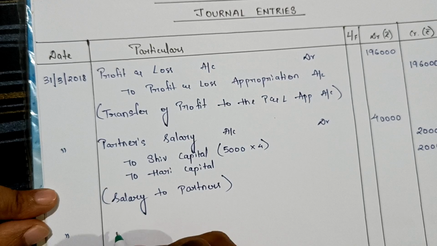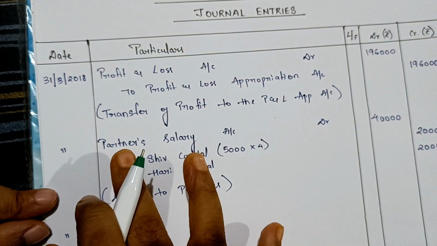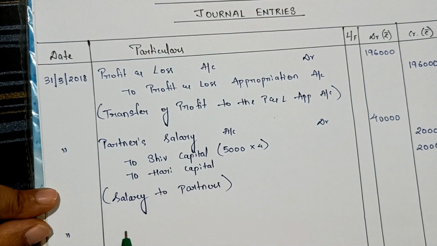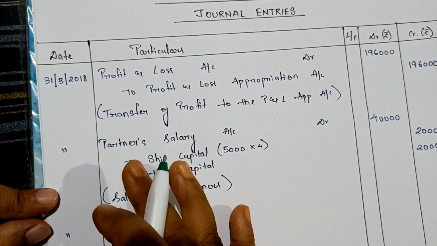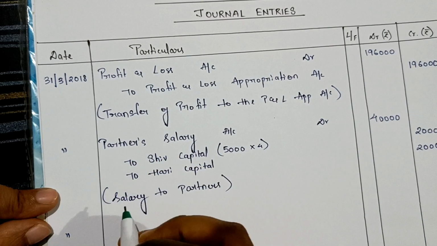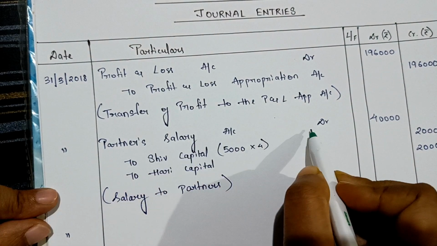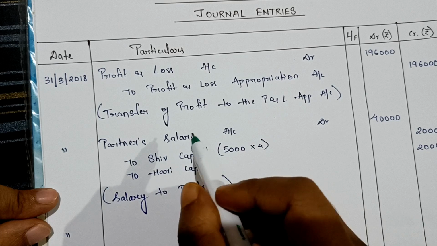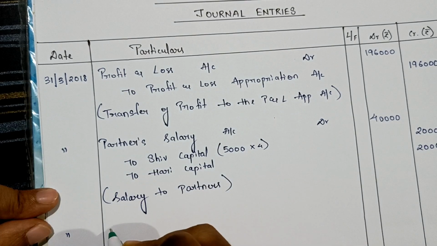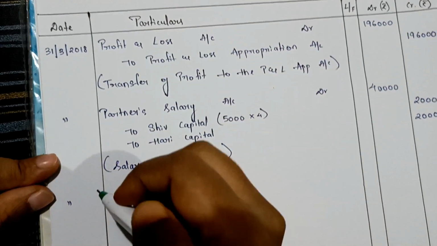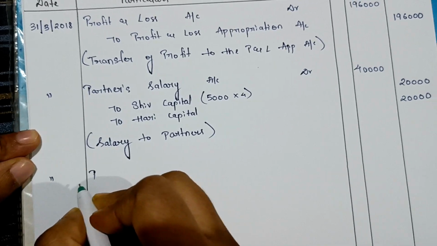Okay, the entry will be salary to partners for the same date. Now this partner salary will be transferred to the profit and loss appropriation account. So profit and loss appropriation account debit to partner salary. Once the partner salary has been debited, next we will credit the partner salary.